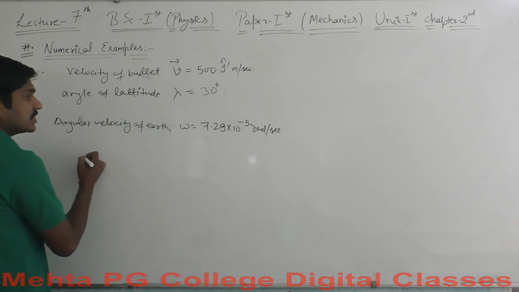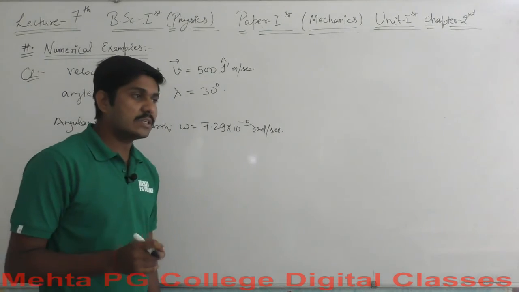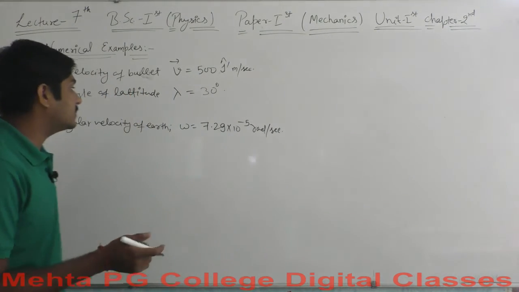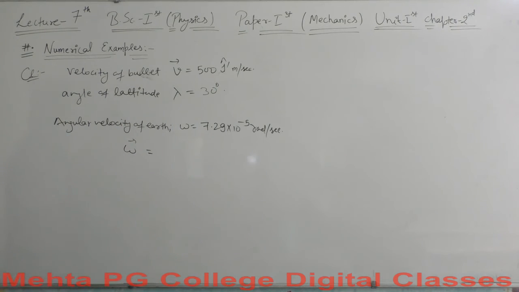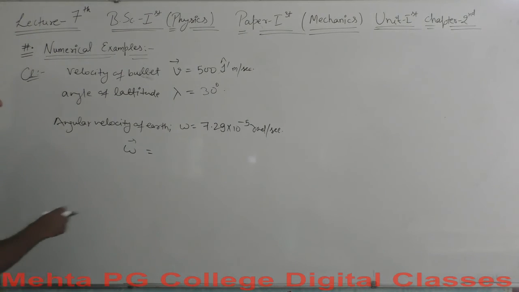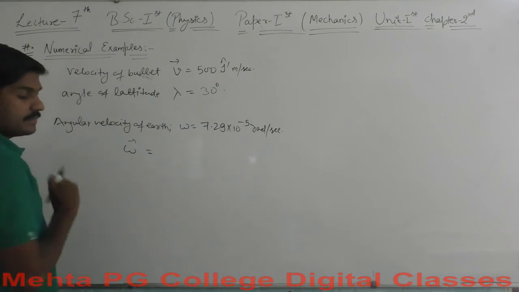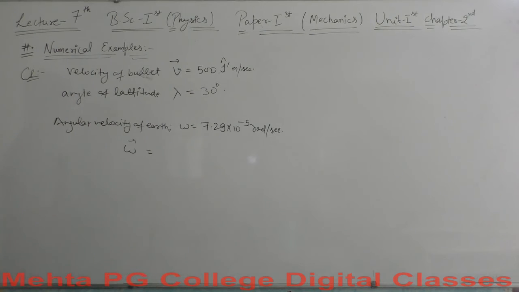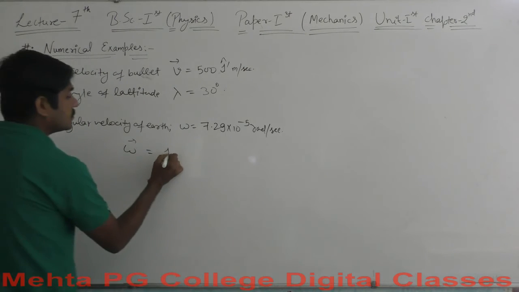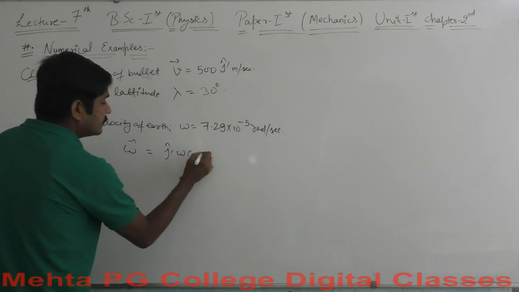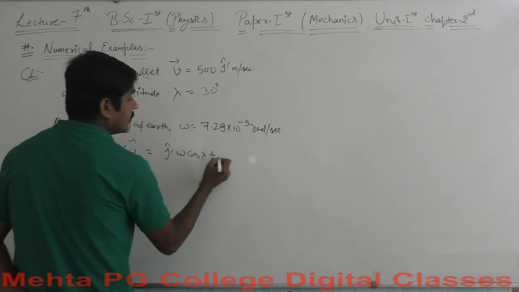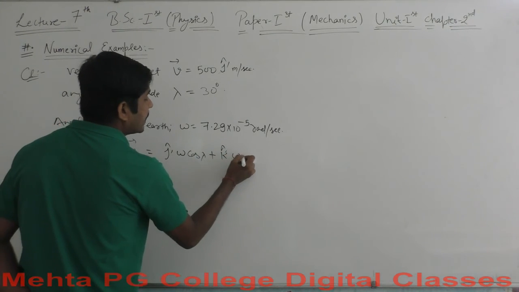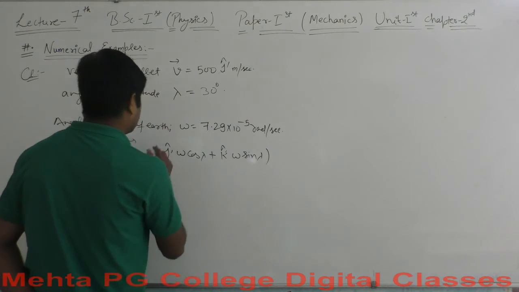Also, do you remember the value of the Coriolis rotation? The angular velocity of the earth, the omega vector, is given by omega vector is equal to j cap omega cos of lambda plus k cap omega sin of lambda.